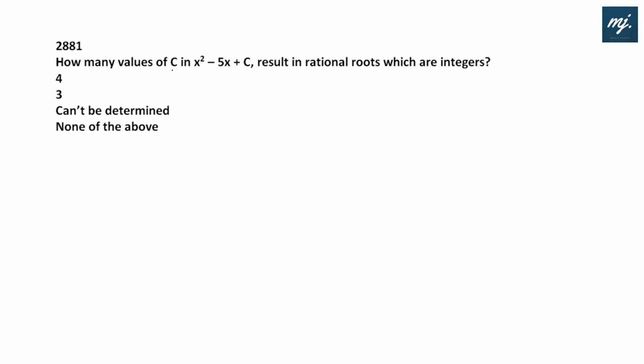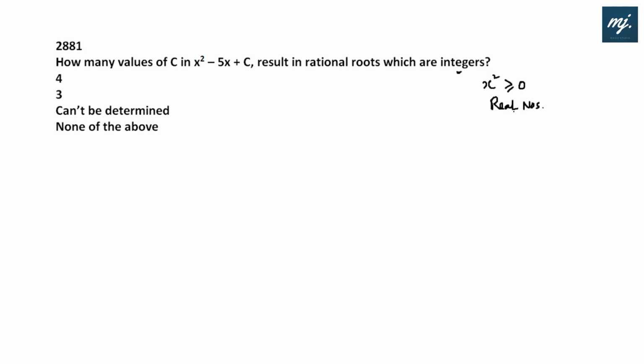How many values of C in a quadratic equation result in rational roots which are integers? First of all, what are integers? What are rational roots? Any number whose square is greater than or equal to 0, we call it a real number, or any number which can be plotted on the real number line from minus infinity to plus infinity.